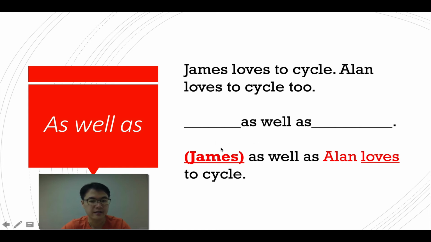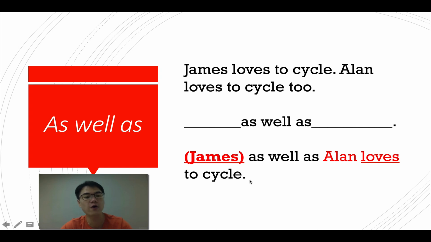Now, let's say this main subject, James, becomes a plural subject. Let's say it's no longer James, but it's the girls. The girls as well as Alan, would it still be loves? You're right, it wouldn't. If it's a plural subject, many here, the girls, we can ignore as well as Alan. The girls love without the S. Love to cycle.